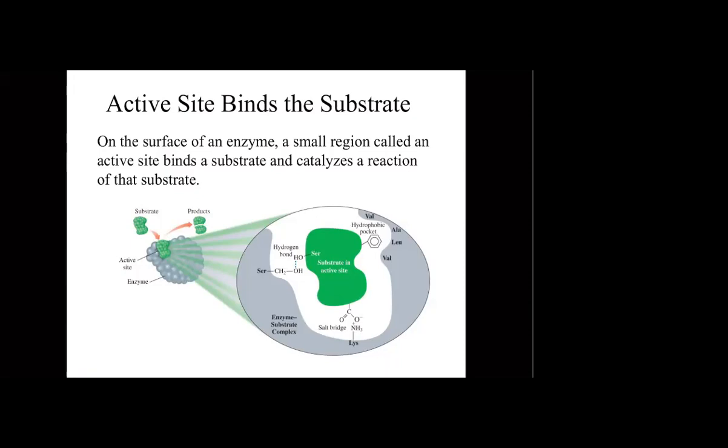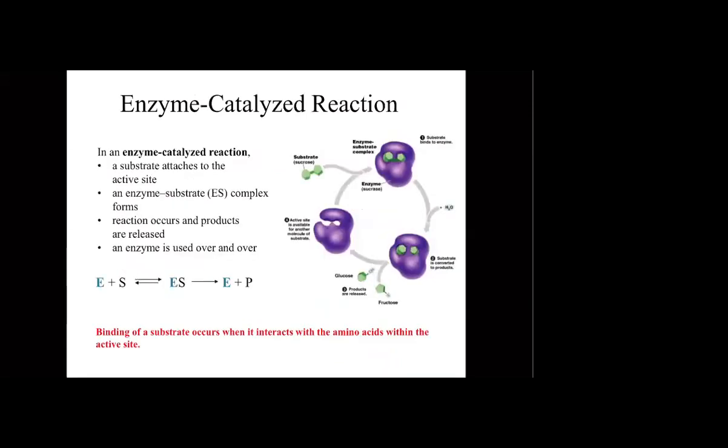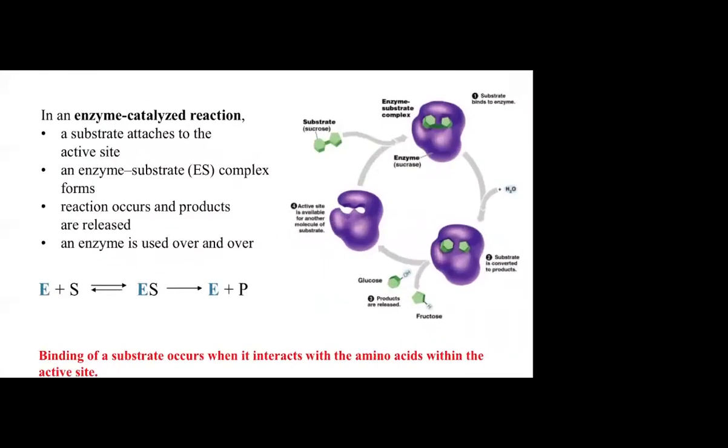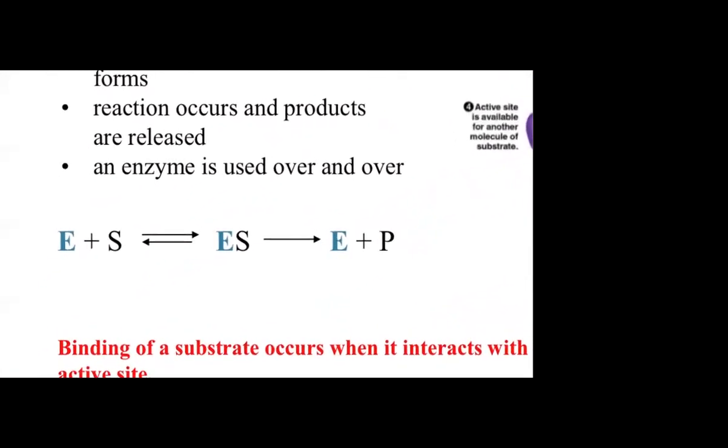Now, when we write an enzyme catalyzed reaction, we're going to write it a little bit differently from what we have learned about how to write reactions in general chemistry and organic chemistry. Whenever we have an enzyme catalyzed reaction, understand that here we have the components.